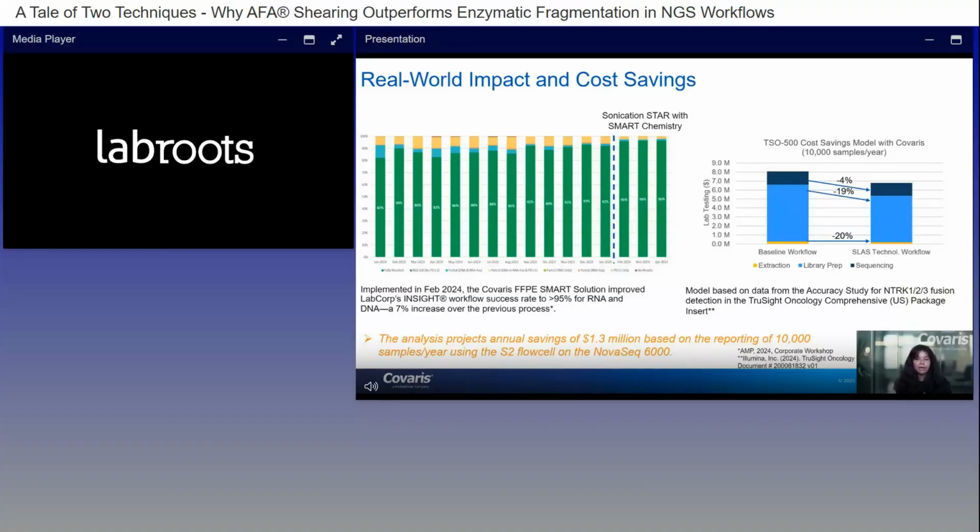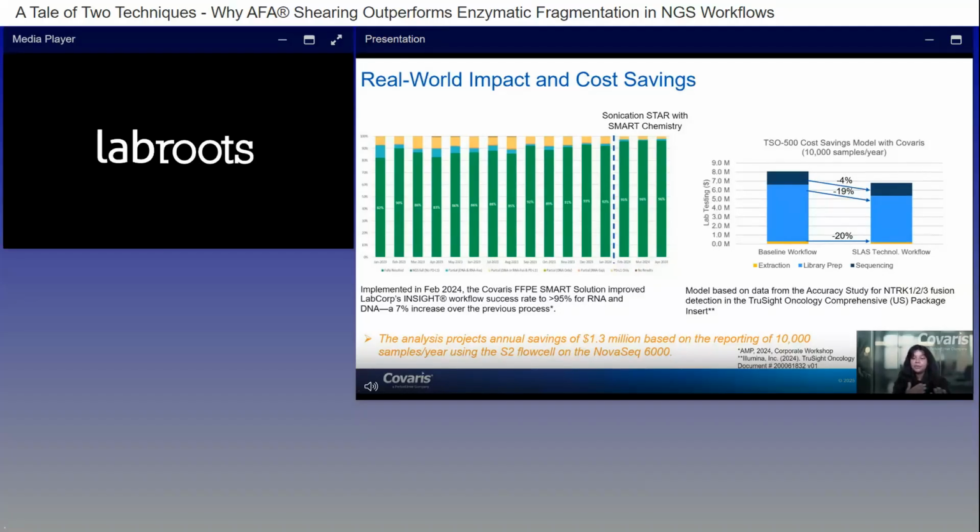After implementing Covaris, the full report rate increased to a consistent 95% and higher. Now, being able to receive a full report is a very significant thing. It means that no samples are getting left behind because of suboptimal processing.